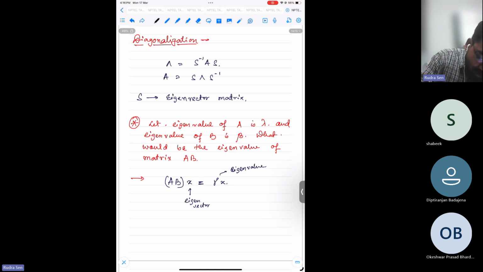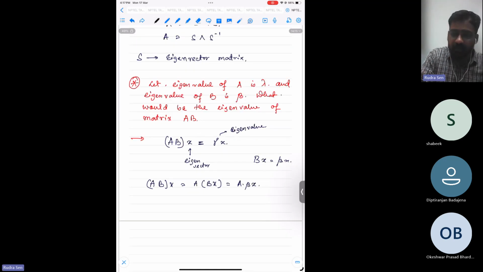So we can do A times beta X. Beta is a scalar, so we can shift it over here and then do AX. What would AX be? AX equals some lambda times X. So what would this be? Beta lambda X. This looks very easy. That means the eigenvalue of AB is the multiplication of the eigenvalue of A and the eigenvalue of B.